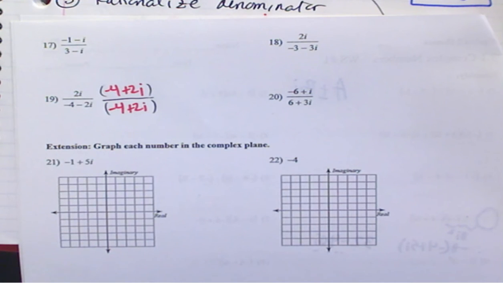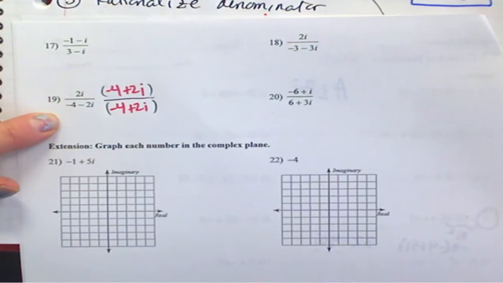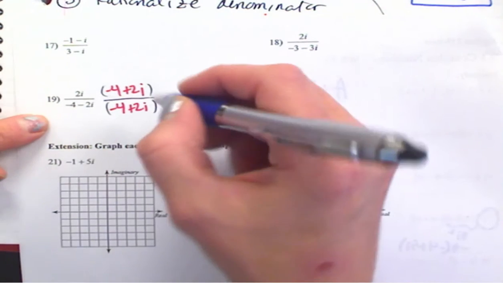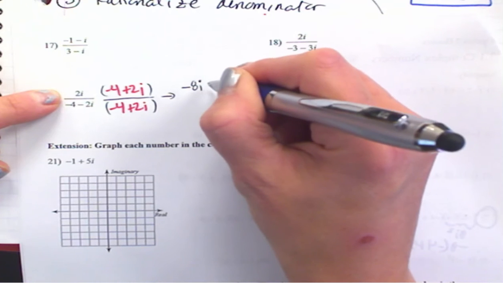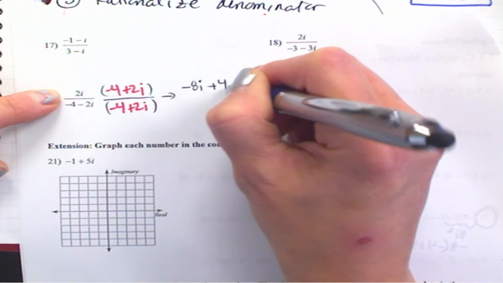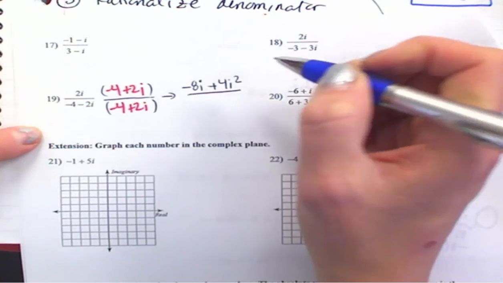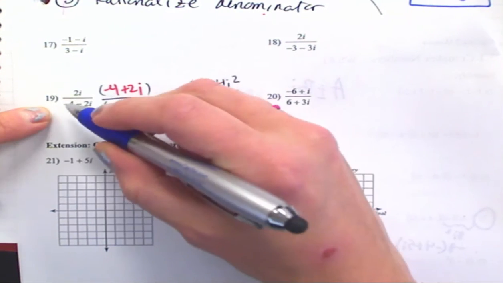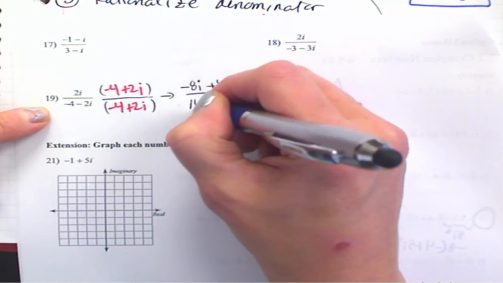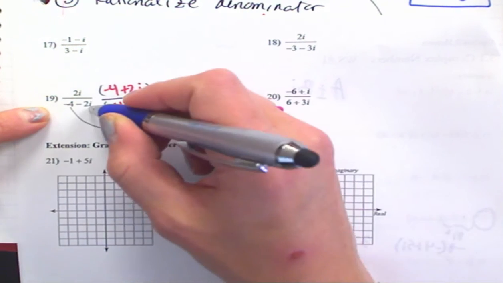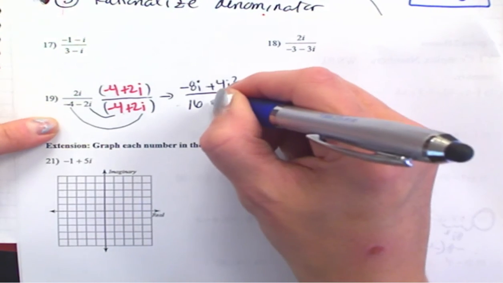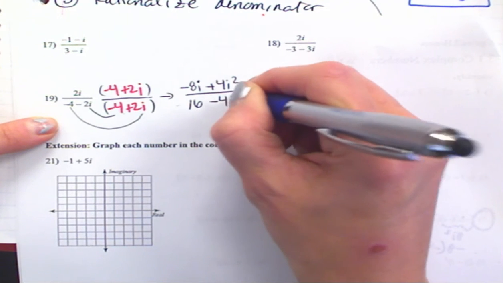Whatever you do, you have to make sure that the outer and inner are actually going to cancel. So I get minus 8i plus 4i squared on the top. And on the bottom, negative times negative is positive 16. There's my outer is negative, my inner is positive, and then I get minus 4i squared.